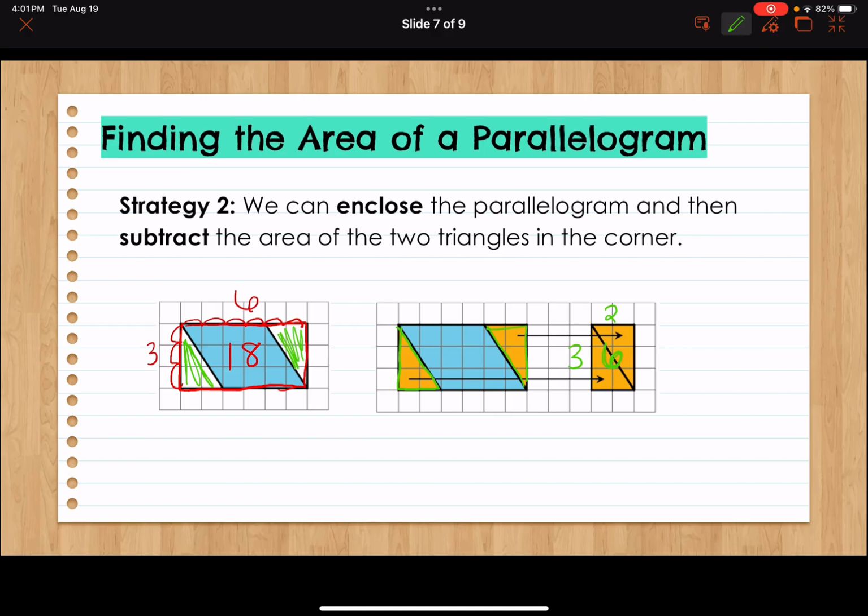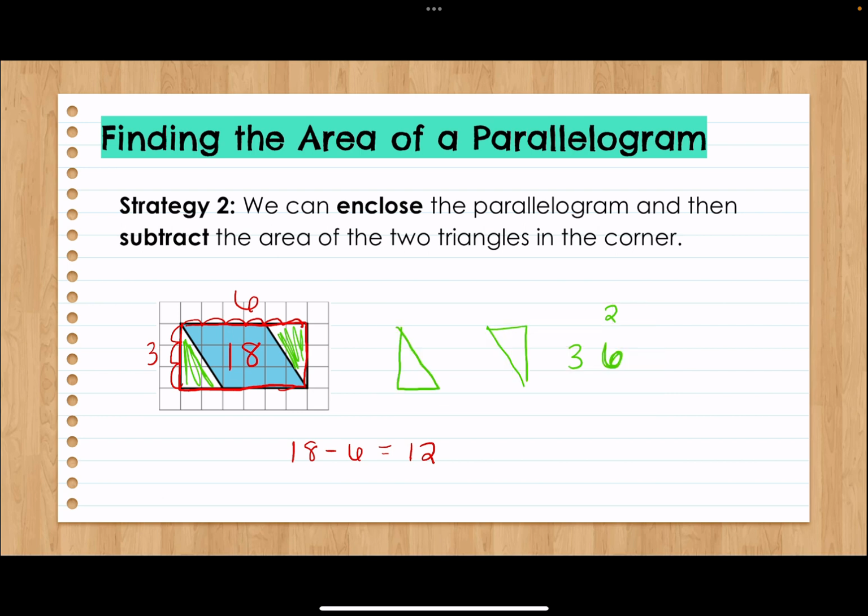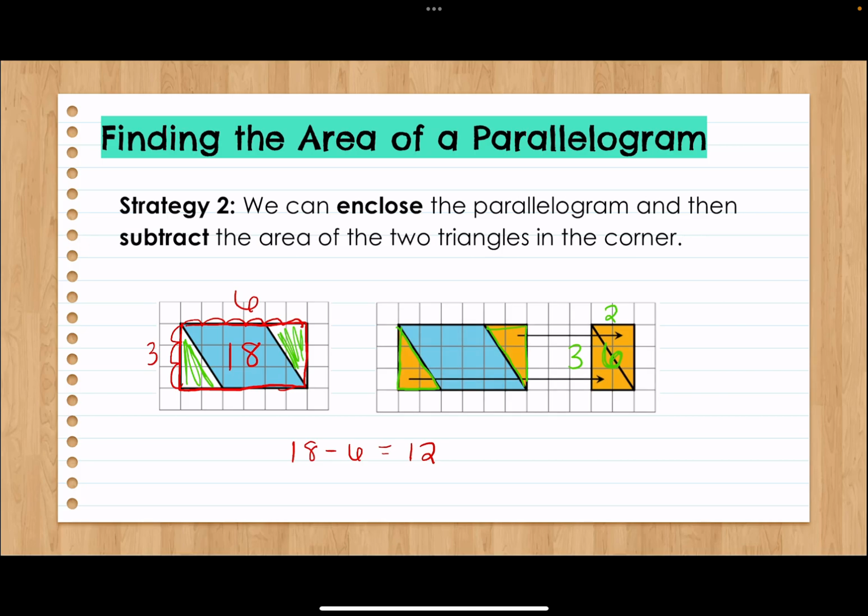So to find the area of our parallelogram, we would take the 18, subtract the 6, and our remaining parallelogram is 12 square units. Is that the size of our previous one? I can't remember. I think it is. Okay, moving on. So 12 square units.